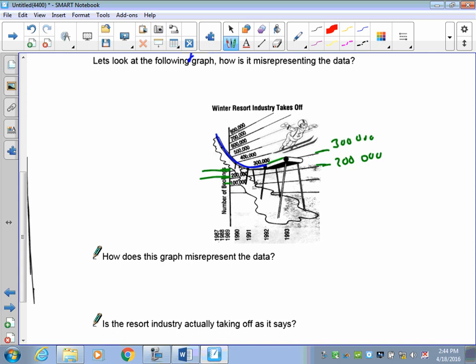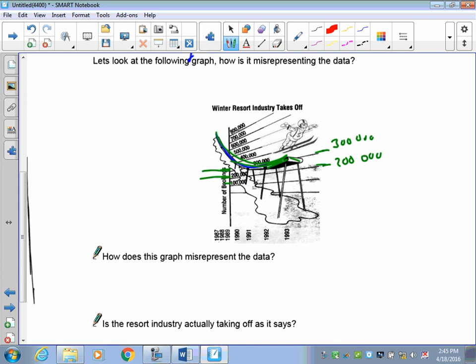So look where this graph actually goes, okay? Right here. It's kind of hard to tell because of the way the graph is drawn. There's a horizontal and a vertical, but this is the graph line right there. Because the guy's ski jumping, he's higher than the actual graph bar is, it makes you get the impression that things are going really great in the winter industry.